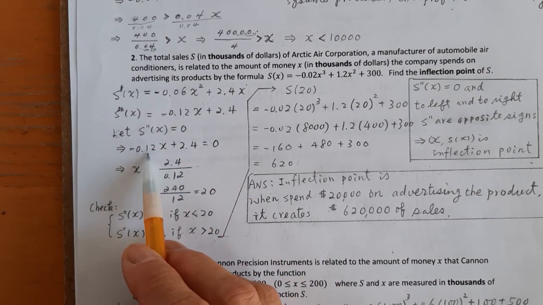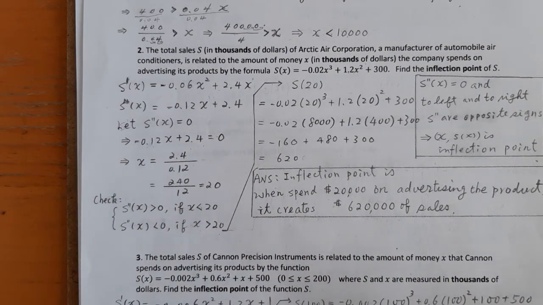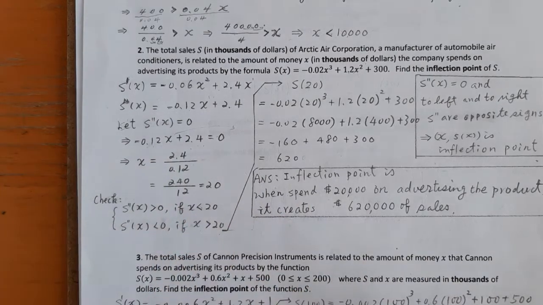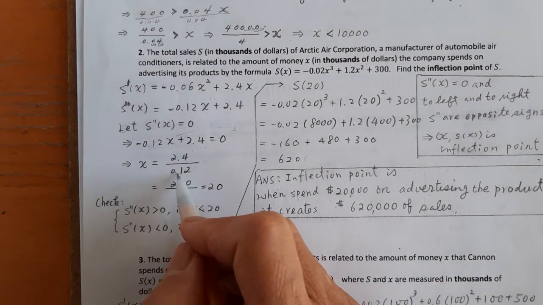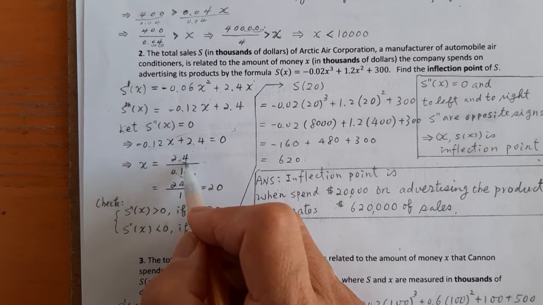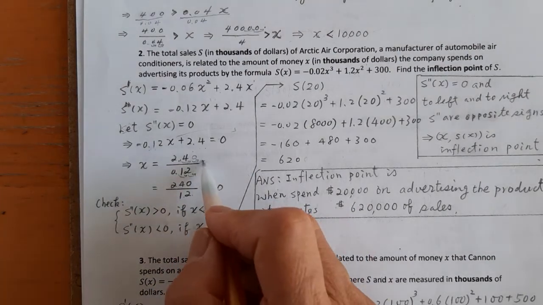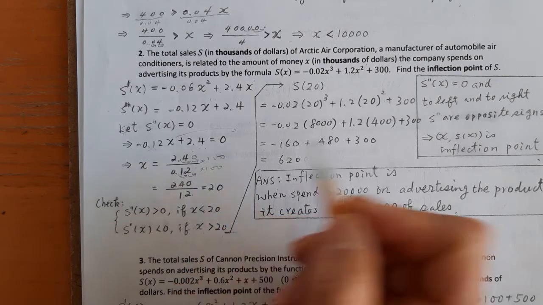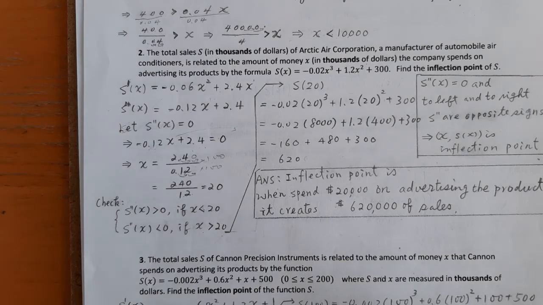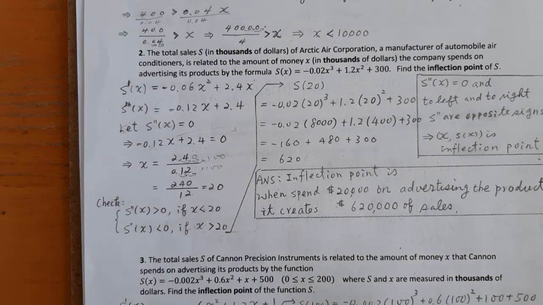Let this second derivative equal 0: negative 0.12x plus 2.4 equals 0. Solve for x. Move this over, divide by 0.12. Move the decimal point to the right 2 positions, times 100 on both sides, and you get 240 over 12, which is 20.